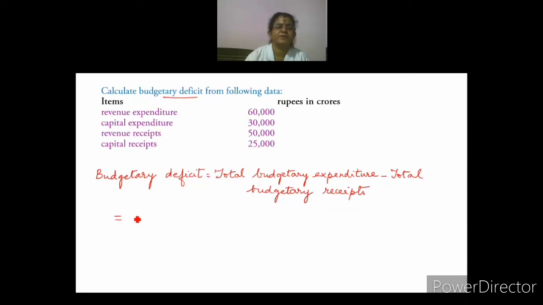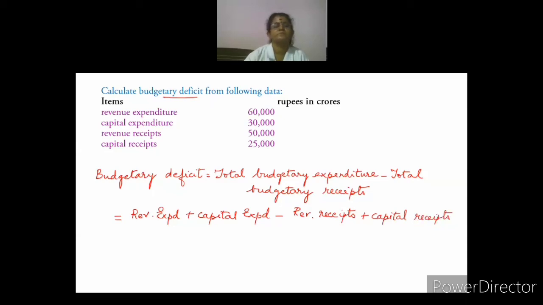Total budgetary expenditure is revenue expenditure plus capital expenditure, and total budgetary receipts is revenue receipts plus capital receipts. Let us now substitute.